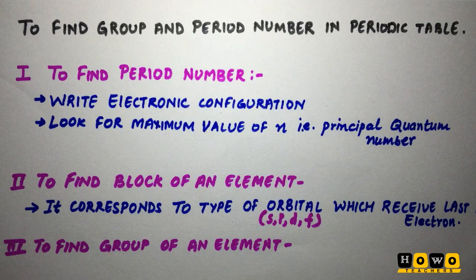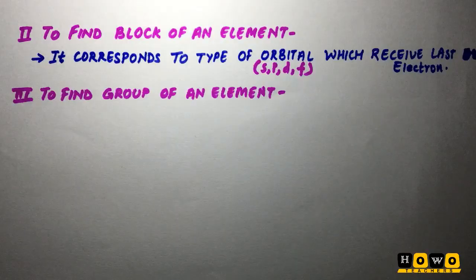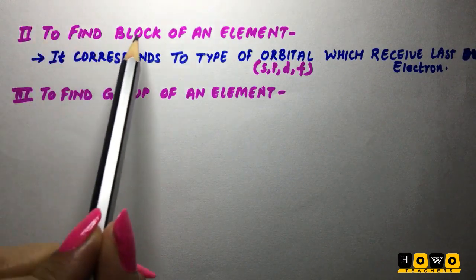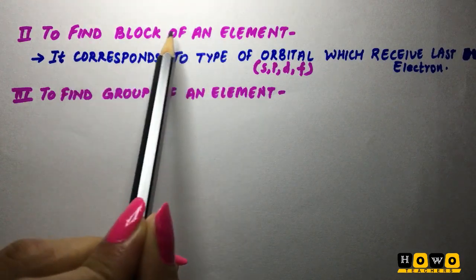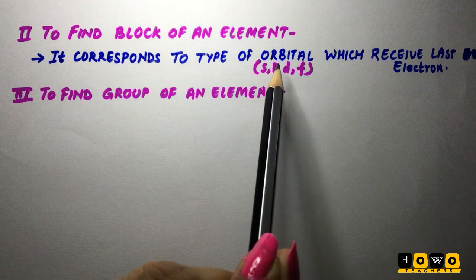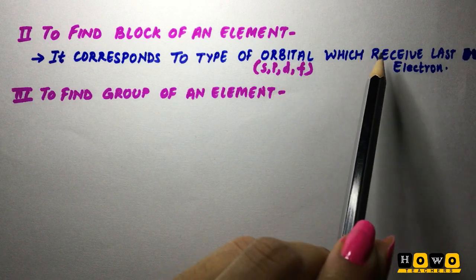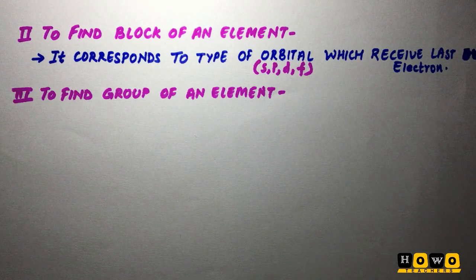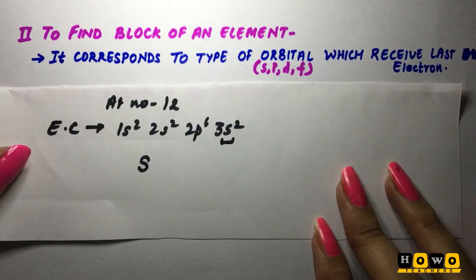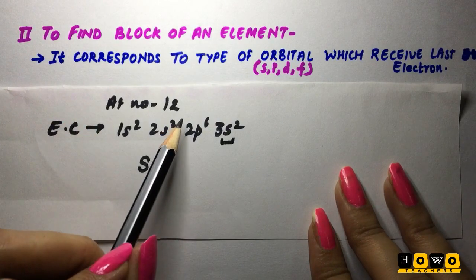Now the second part is to find the block of an element, that is, to which block the element belongs. For that you have to see which orbital is receiving the last electrons. Again I am taking atomic number 12 to make it easy.